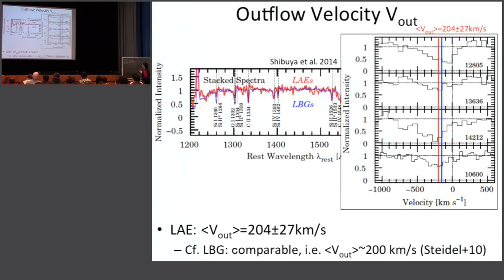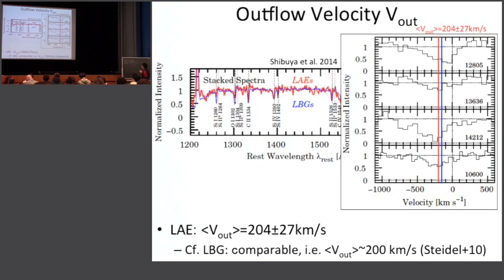And here, this red one is the stacked continuum spectra of Lyman-alpha emitters, and the blue one is the stacked spectra of the Lyman break galaxies. Of course, Lyman-alpha emitters show weaker metal absorption lines, probably because of lower metallicity.